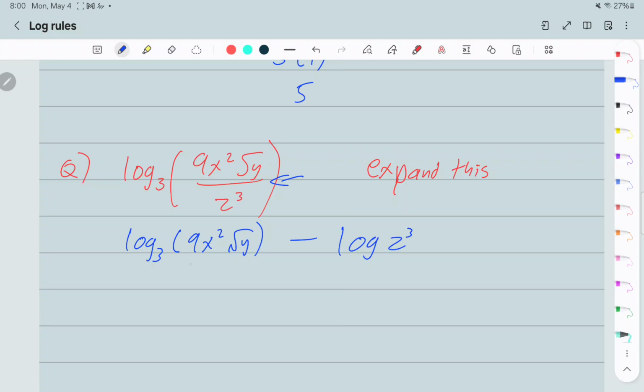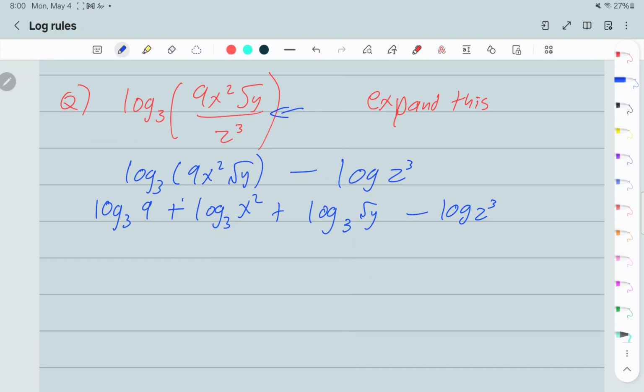Now all of these things are being multiplied, so you can keep putting consecutive pluses. It's going to be log 3 of 9 plus log 3 of x squared plus log 3 of root y and minus log of z cubed. Simple. Now you can start applying the rules. 9 can be written as 3 cubed.